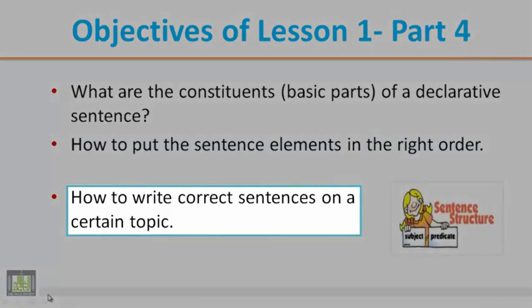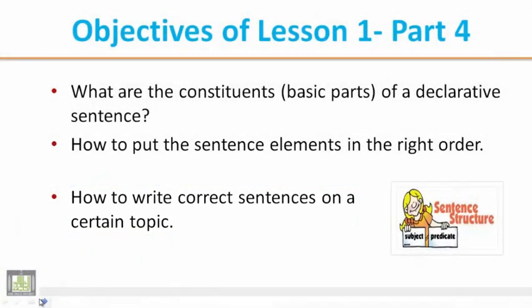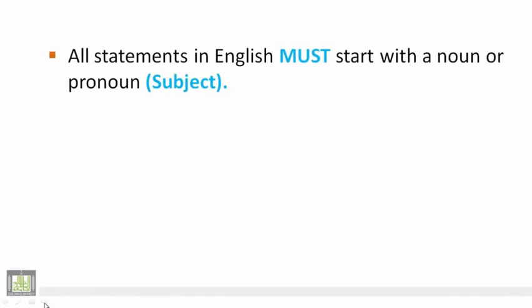And the last one is how to write correct sentences on a certain topic, how to write grammatically correct sentences about a topic. We start with some facts.